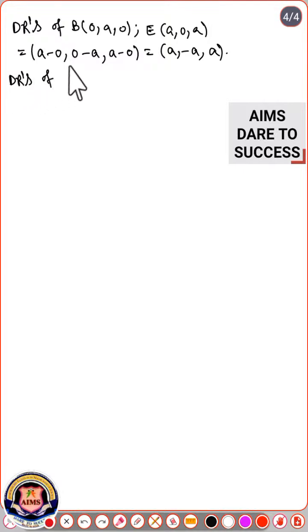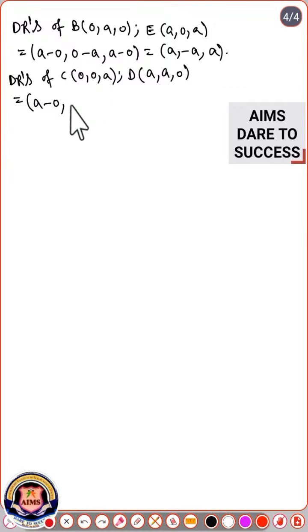So fourth diagonal direction ratio. Direction ratio of C, C means 0, 0, A, and D means A, A, 0. Okay, so direction ratio means A2 minus A1, that is A minus 0.